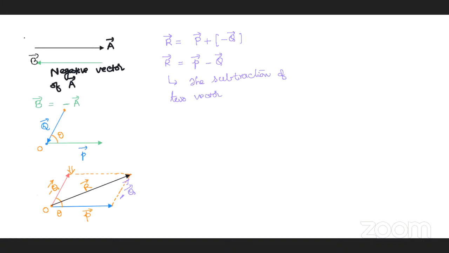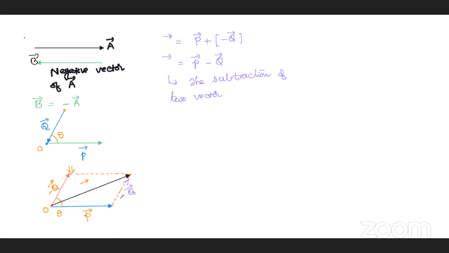Okay, better we represent to avoid the confusion between the addition of vectors and subtraction of vectors. Instead of r bar, for addition I took r bar. If I take it as r bar again, you may get some confusion. So just for your sake, I am changing the letter.